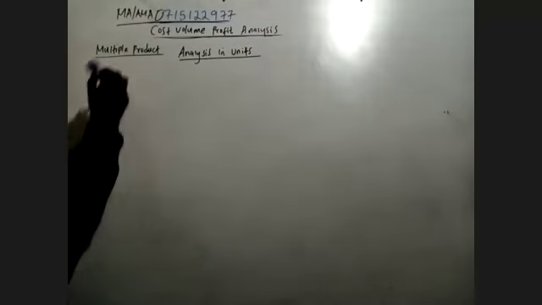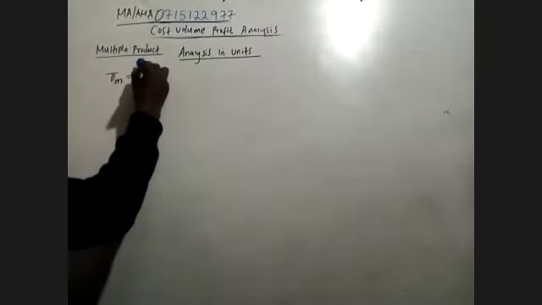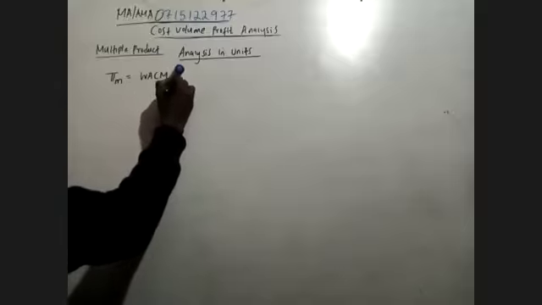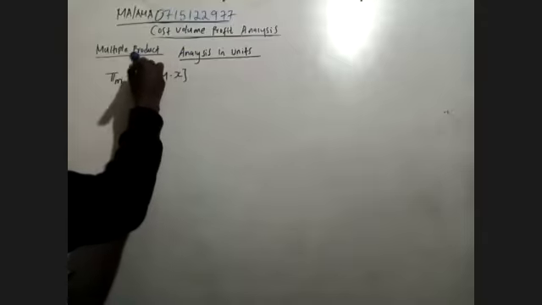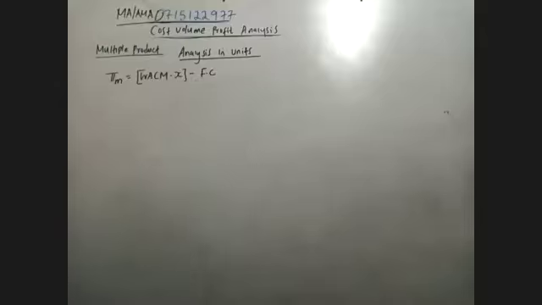Number one, profit made is equal to weighted average contribution margin multiplied by X, less fixed cost.